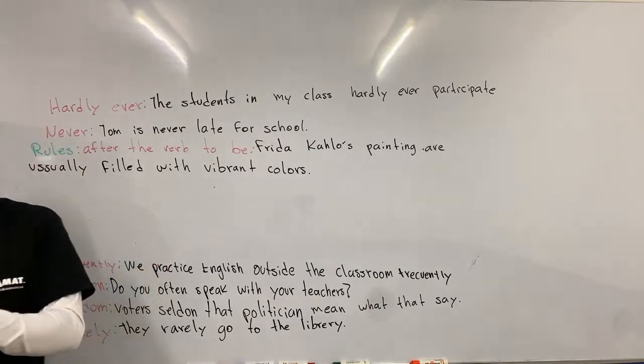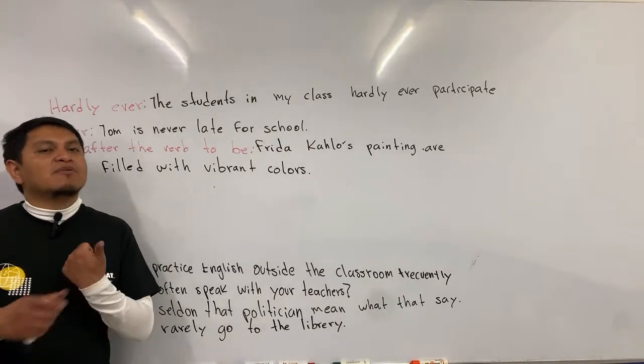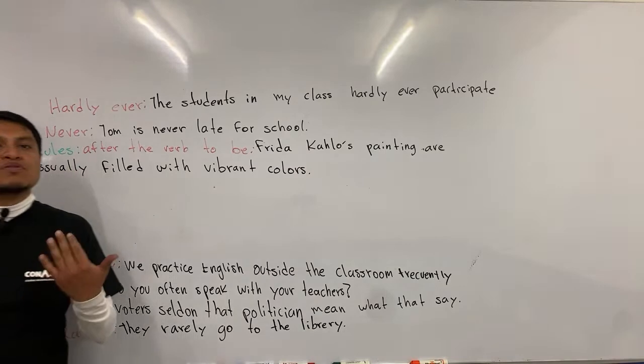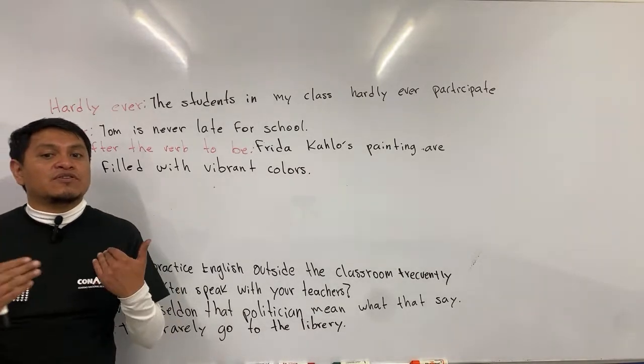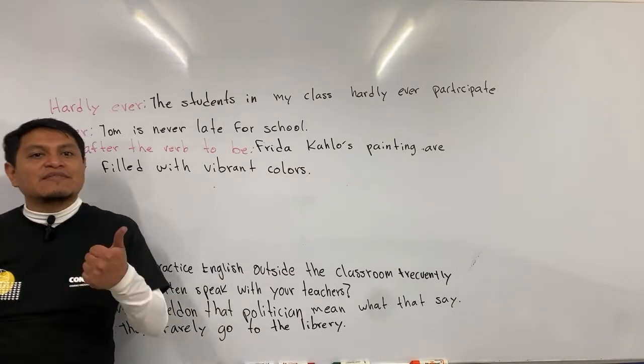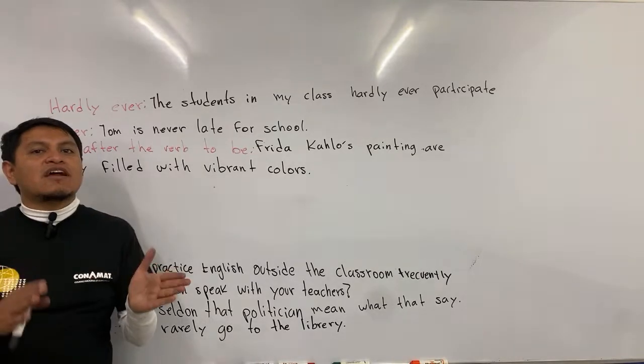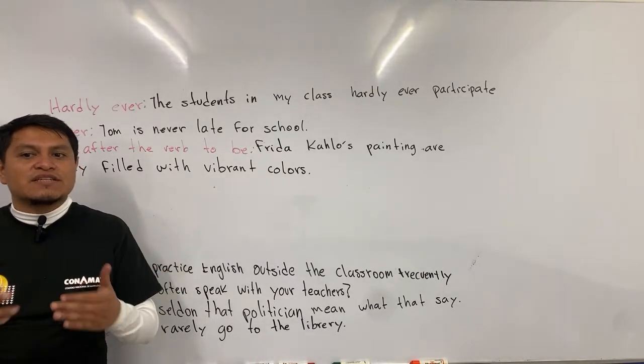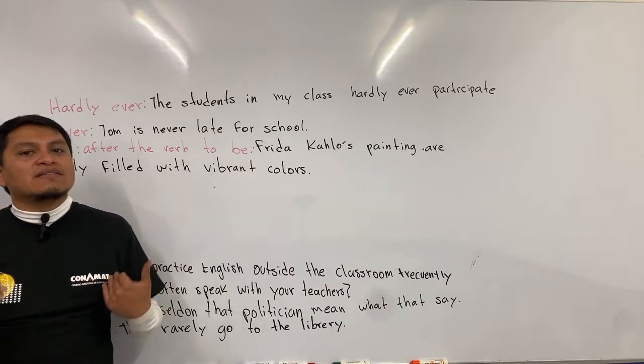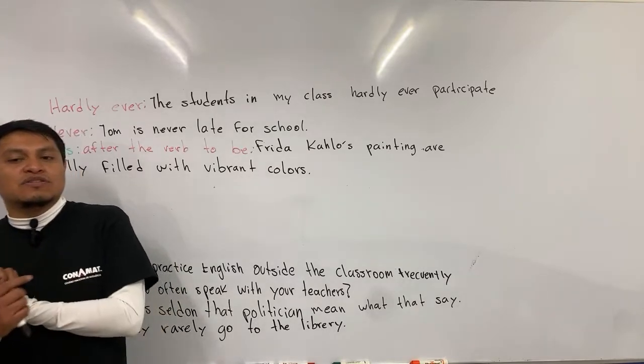Besides using frequency adverbs in simple present, we can also use time expressions for this tense. Remember that time expressions in general are short phrases that tell us when in the timeline an action happens.